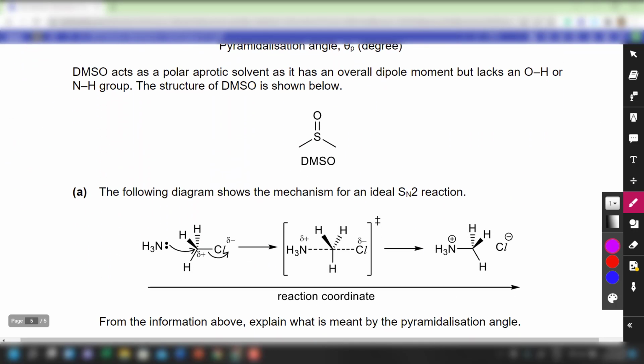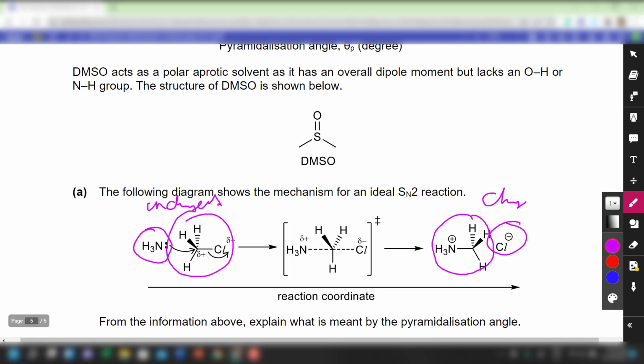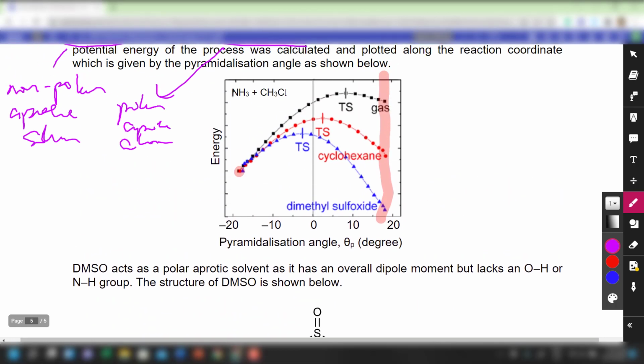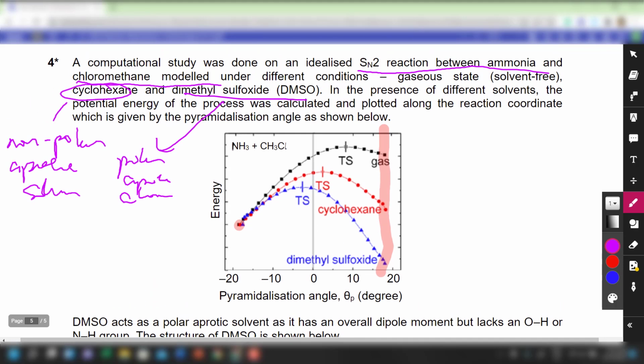My starting reagents are all uncharged, that means they are neutral, but my product is charged. So it is understandable that if my product is charged, it will be better stabilized in a polar solvent. In this case, DMSO is able to better stabilize my charged products compared to cyclohexane or the gaseous phase.